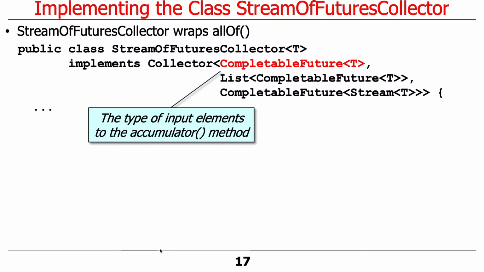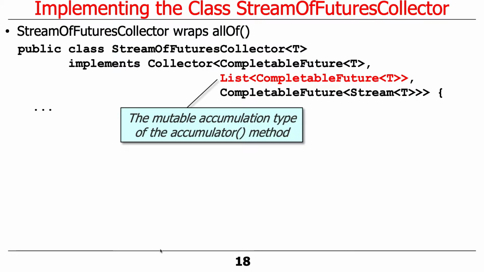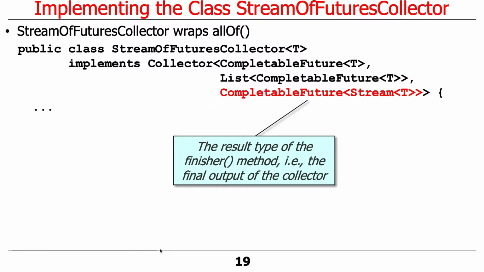The type of element that it accumulates will be a completable future to type T. The internal mutable result container will be a list of completable futures of type T. So that's what the accumulator method will return. And then the result type of doing the collecting will be a completable future to a stream of T.